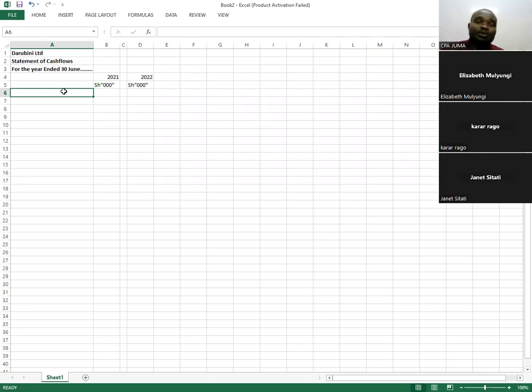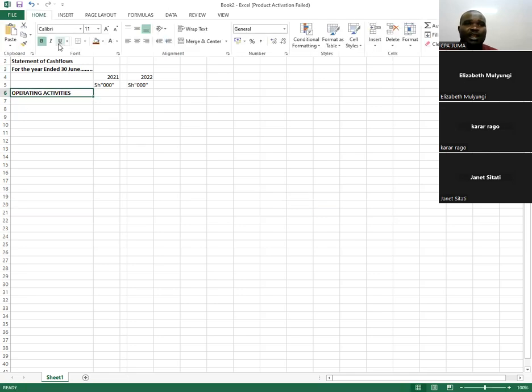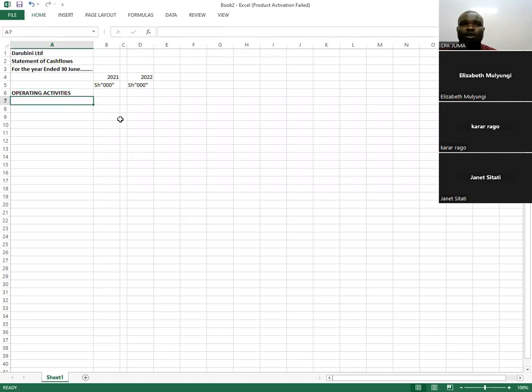The format of cash flow has 3 activities, in which case you start with operating activities. You can underline it, or you can just have it bold. Either you bold it up or you underline, no problem.